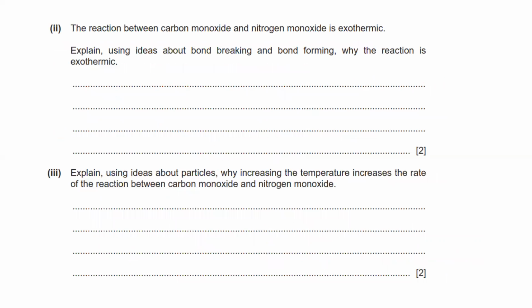Then it says the reaction between carbon monoxide and nitrogen monoxide is exothermic. Explain using the idea about bond breaking and bond forming why the reaction is exothermic. So remember, bond breaking is an endothermic process. It absorbs energy. Okay, and bond forming is an exothermic process and it releases energy.